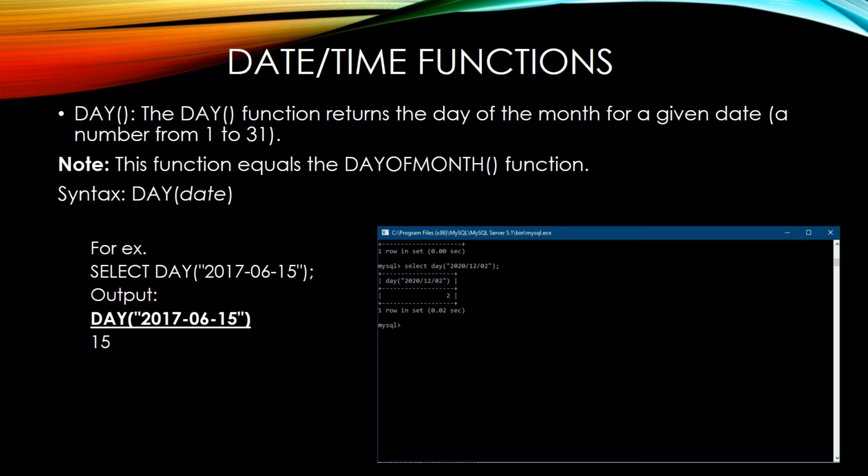The format is year, month, then date. So today is the 2nd day of the 12th month. Instead of the day function, you can also use dayofmonth. Both are doing the same function. Both are returning the day of the month.